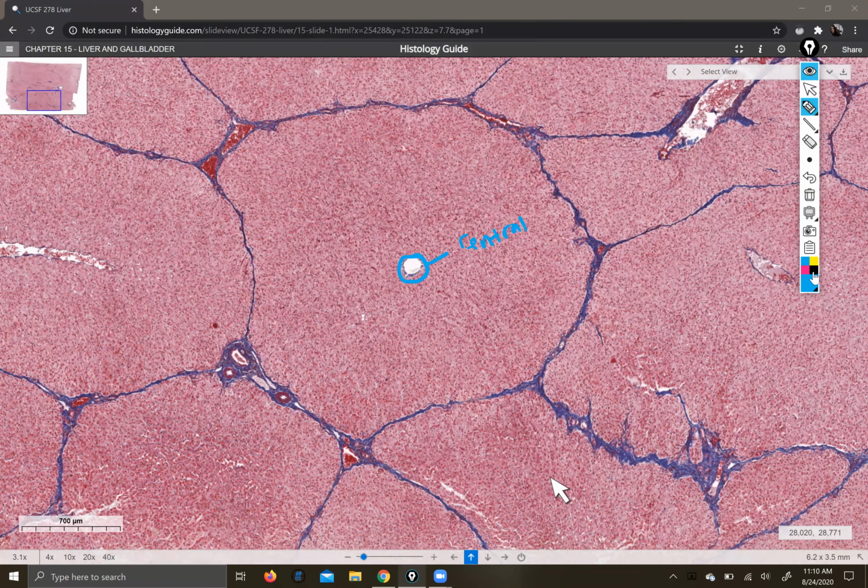Here's an old trick that we found in previous iterations of EpicPen: if you just make yourself a little white space, you can write more clearly. So that's a central vein.